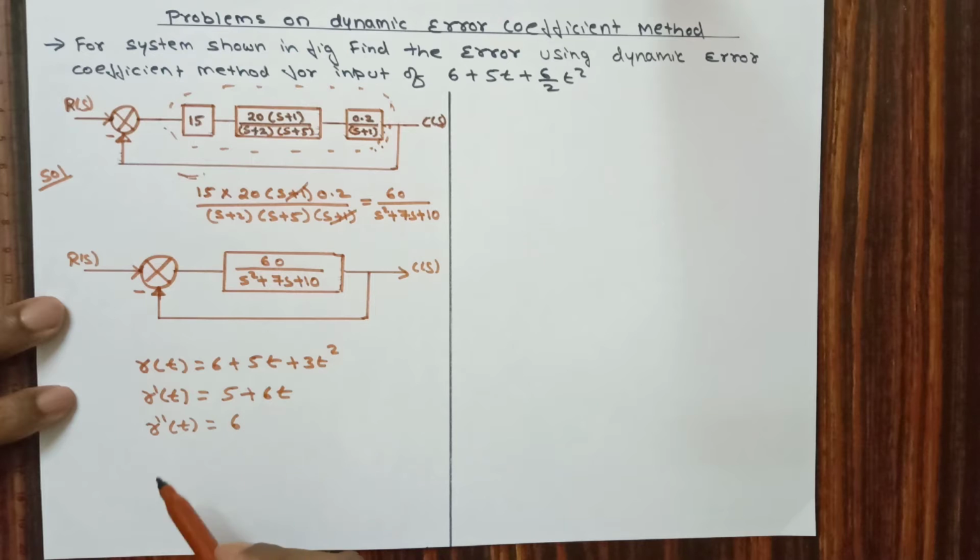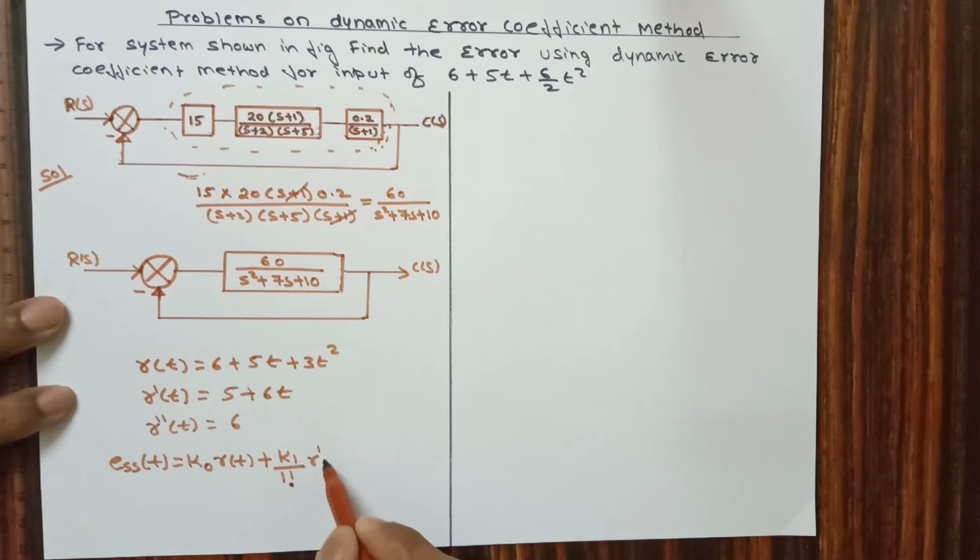So looking into this, we'll write the dynamic error formula. e_ss of t is equivalent to k naught into r of t plus k1 divided by 1 factorial into r dash of t plus k2 divided by 2 factorial into r double dash of t.